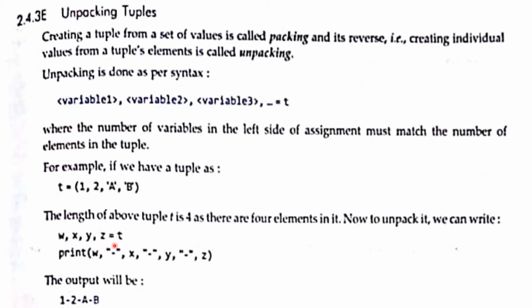If you print W, hyphen in quotes, then X, hyphen, Y, hyphen and Z, and then execute, the output comes 1, 2, A and B. This is unpacking the tuples, meaning bringing out individual values from a tuple's elements.